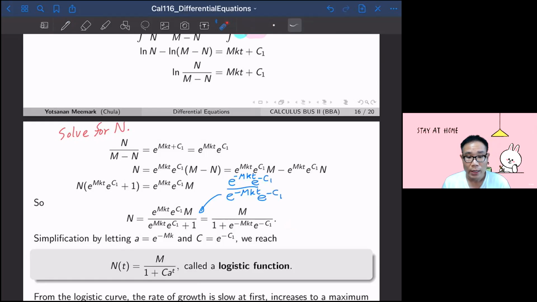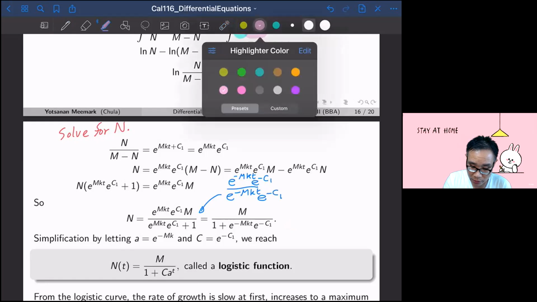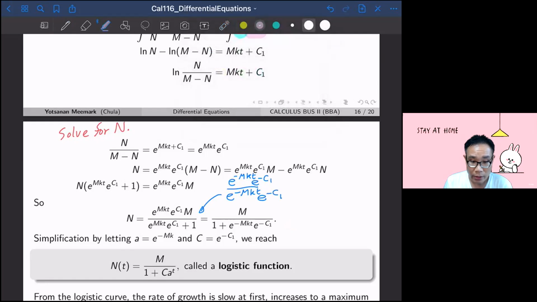You're going to let A be e to the negative Mkt. This one is going to turn out to be your A, and e to the negative c1 turns out to be your C in this case.